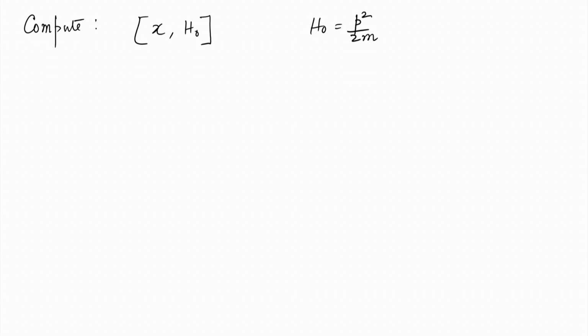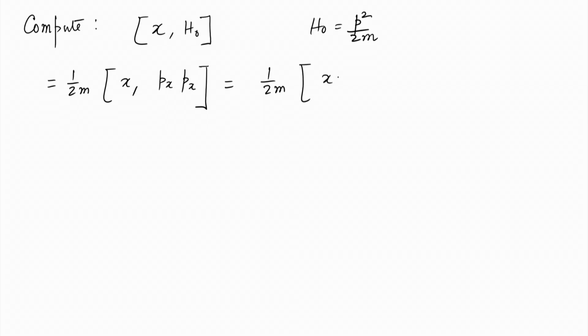And then of course, we can write this as 1 over 2m, and this is x, and there is a p x that is there, because this is equal to p x square by 2m. So, this can be simplified as 1 over 2m (x p x minus p x x).